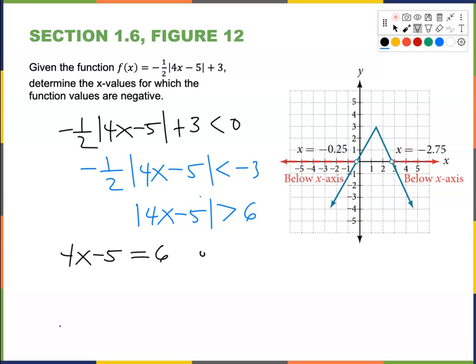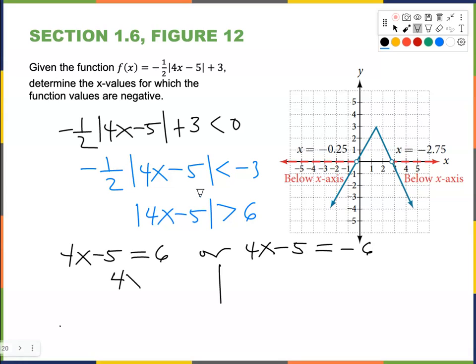Or 4x minus 5 is equal to negative 6. Let's solve for x. So add 5 both sides.